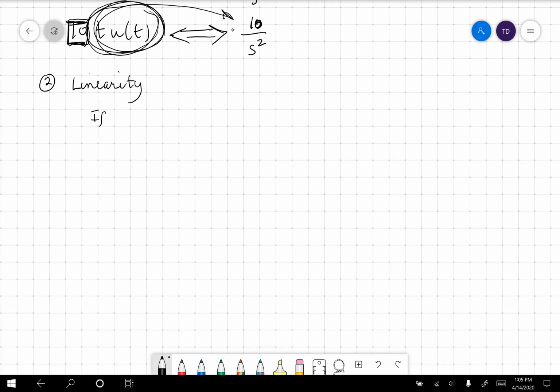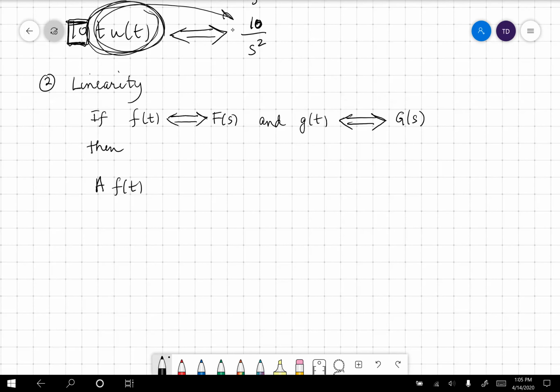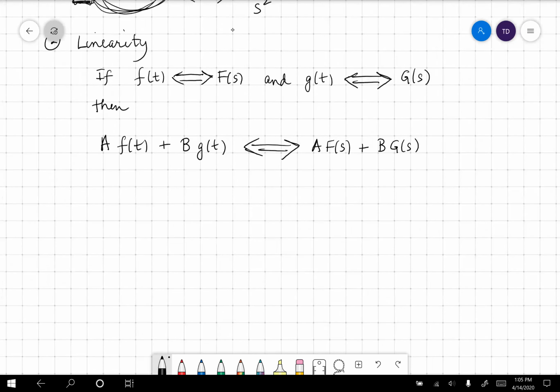If f of t Laplace transforms into F of s and g of t Laplace transforms into G of s, so there are 2 of them, then a f of t plus b g of t, I'm sure you can guess it, Laplace transforms into a F of s plus b G of s. You'll see this one break out very easily.